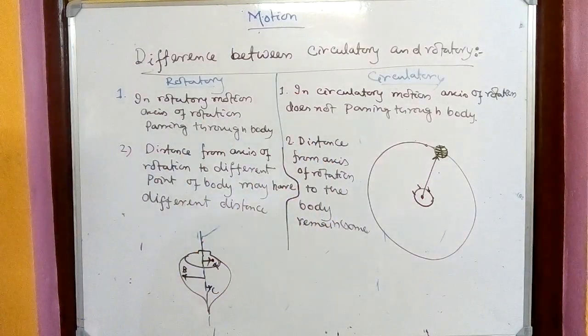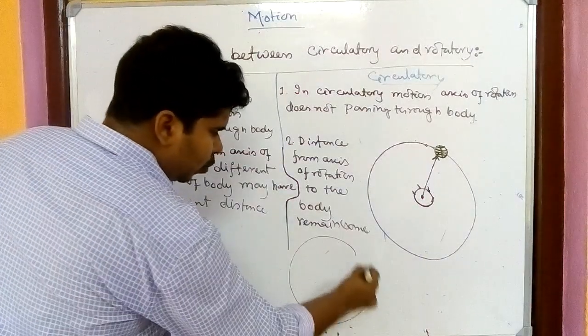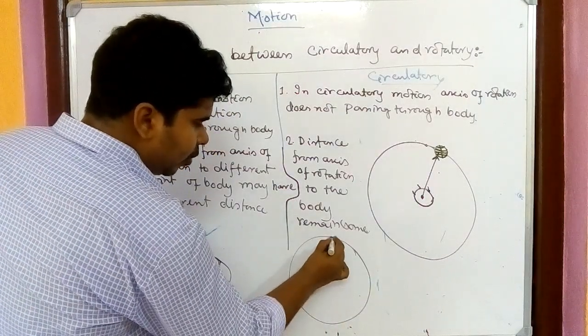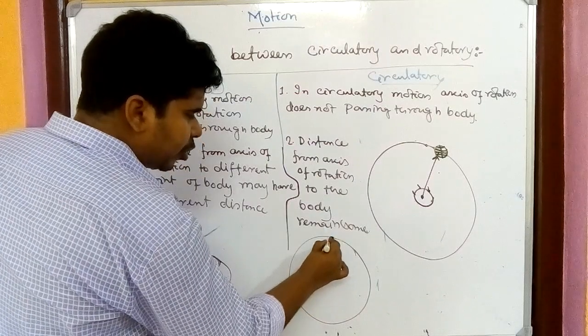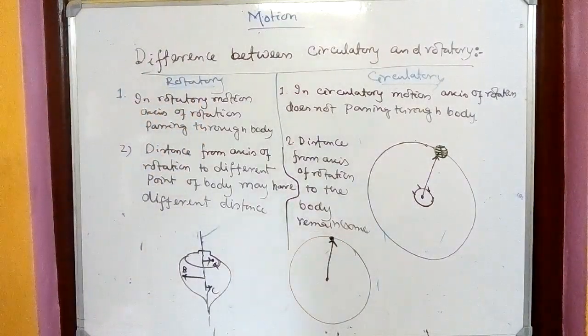That will be the same. If a person is also moving in a circular path, then from the axis of rotation to the man, whenever I talk about a point, here I have taken the whole man, and for any part of the body of this man you take, the distance remains the same. So those 2 differences are the main differences between rotatory and circulatory motion.